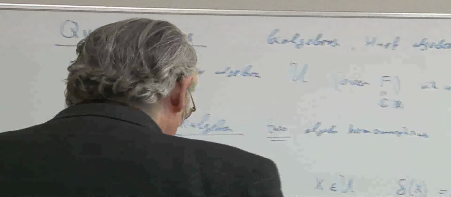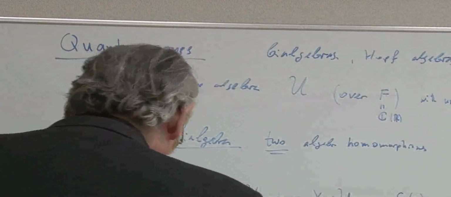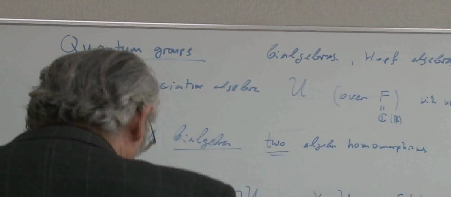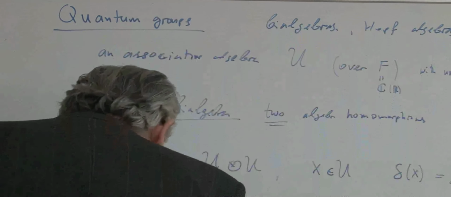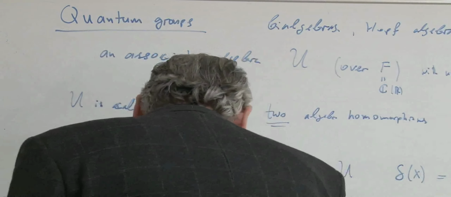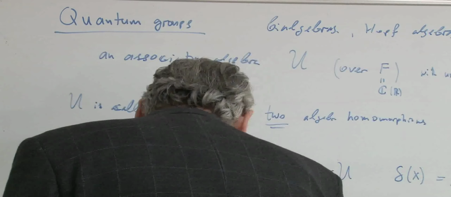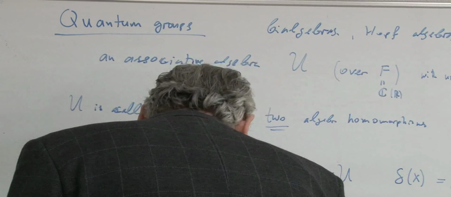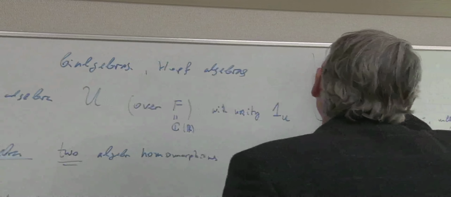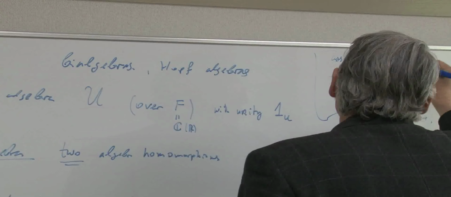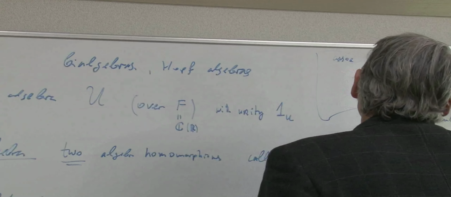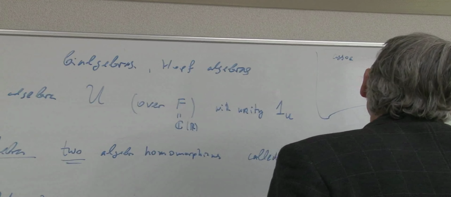And there is a property, an axiom, which both fulfill jointly. It's called the axiom of co-associativity. Remember that associativity meant that (x·y)·z is equal to x·(y·z).